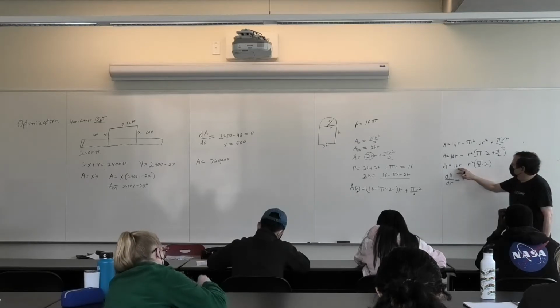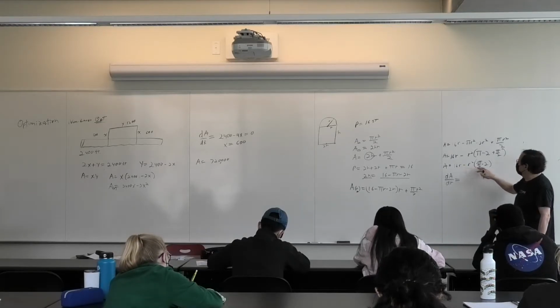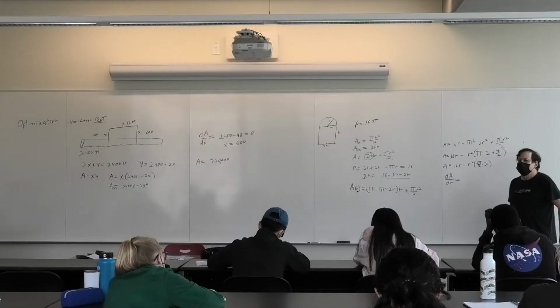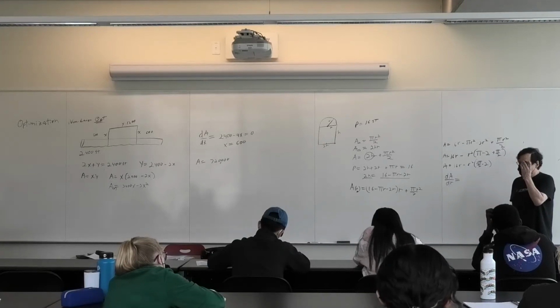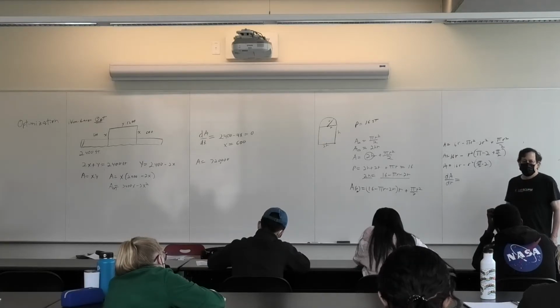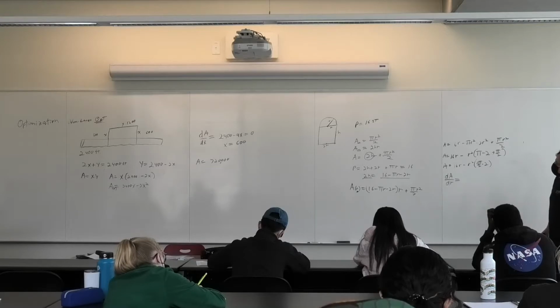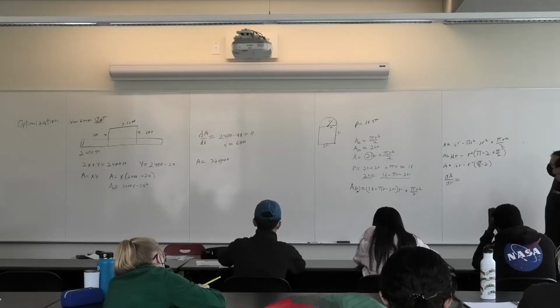I want to find the derivative of 16r minus r squared times 3 pi over 2 minus 2. I know this isn't the most exciting problem in the world.